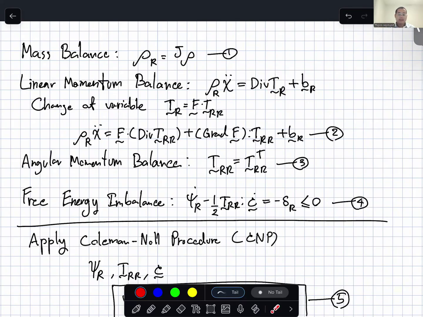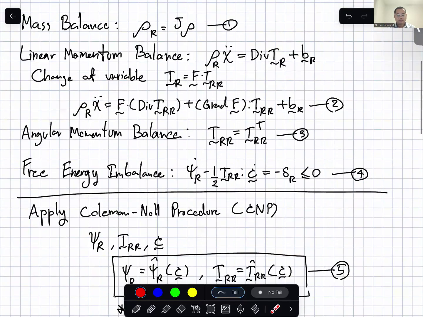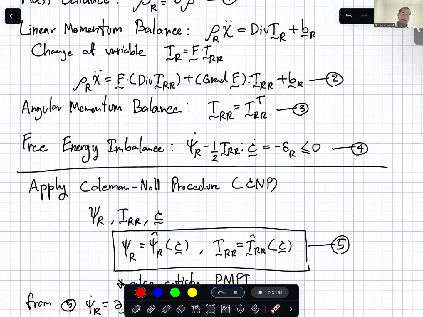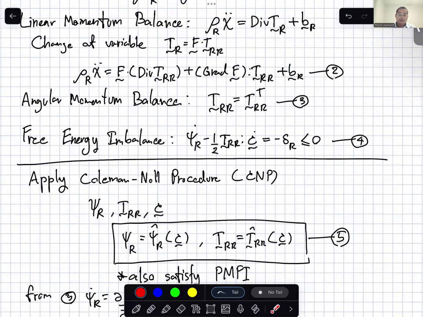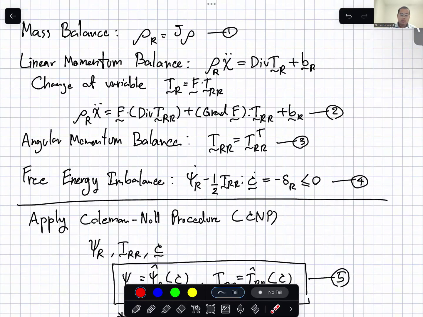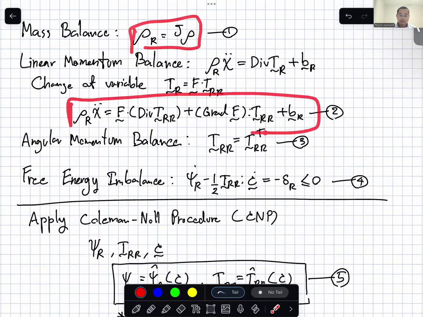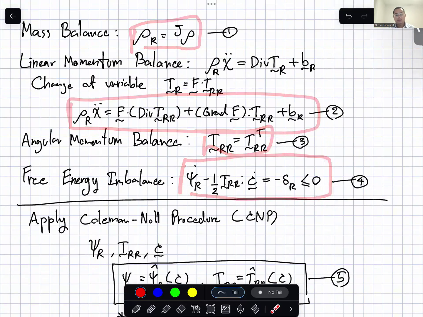So it's easier to work with the TRR. The TRR is also the power conjugate to the material derivative of the Cauchy-Green tensor. So we choose to work with these four equations here.